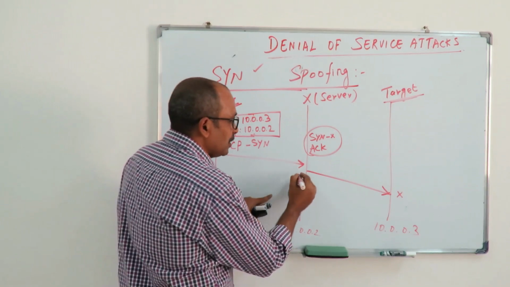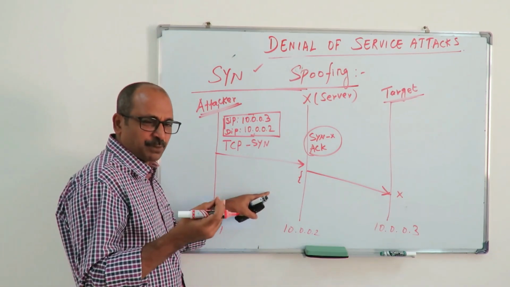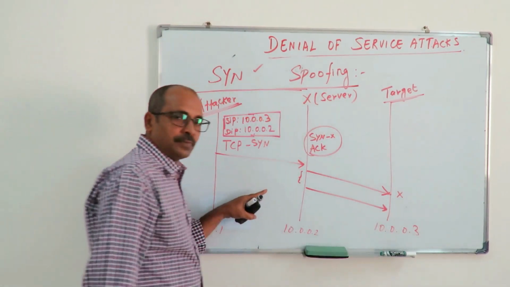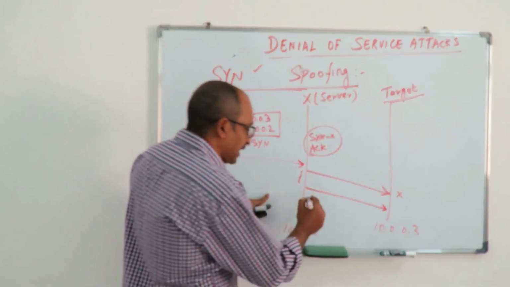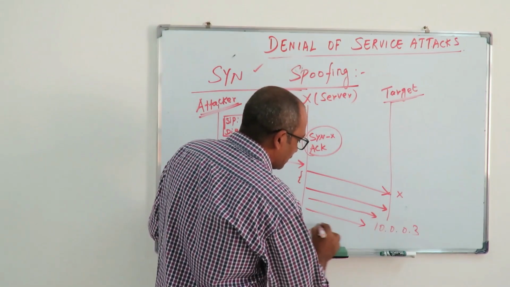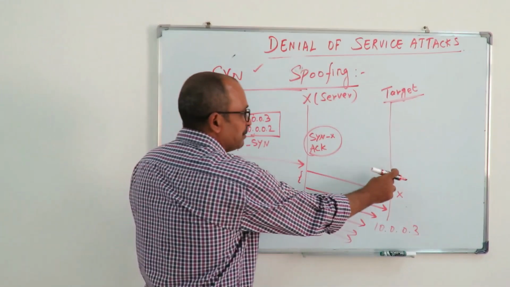After waiting a particular period of time, the same packet will be sent, and it waits again. So the same SYN plus acknowledgement will be sent repeatedly, many times, to the target machine.